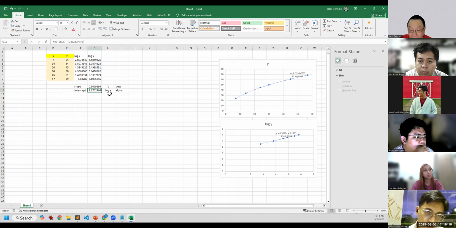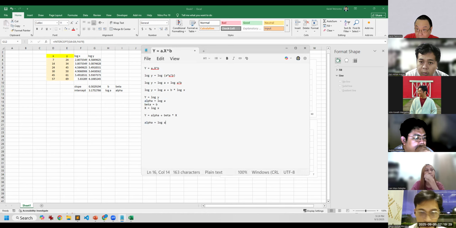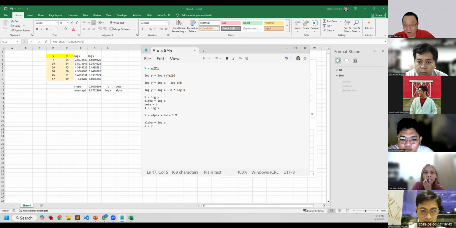How do you get A? If alpha is equal to log A, what is A? Anyone knows?